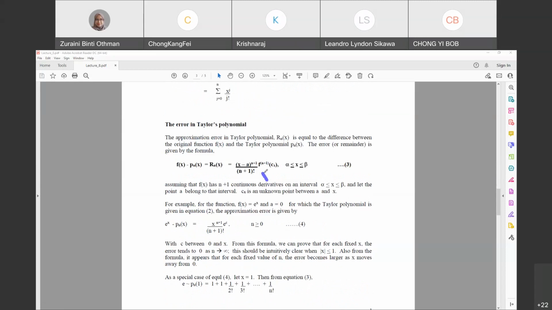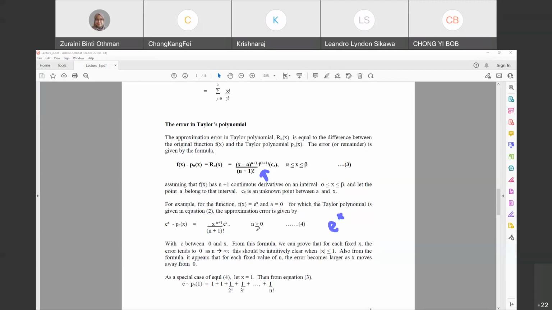Okay, we know that x minus 0, a ialah 0, it is x kuasa n plus 1 divided by n plus 1 factorial. And here, f n plus 1 c(x) ni ialah pembezaan dia terhadap n, which is dia akan dapat eksponen x juga, beberapa pembezaan pun kan, betul tak? So it is eksponen c.